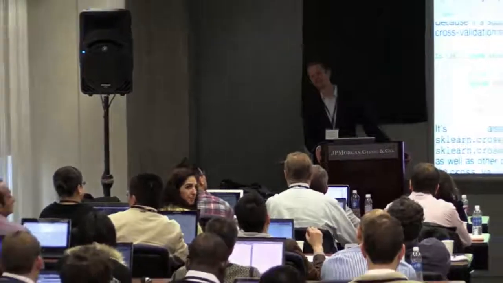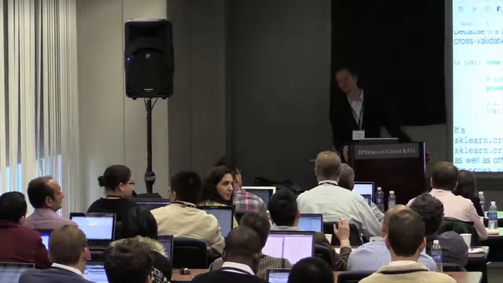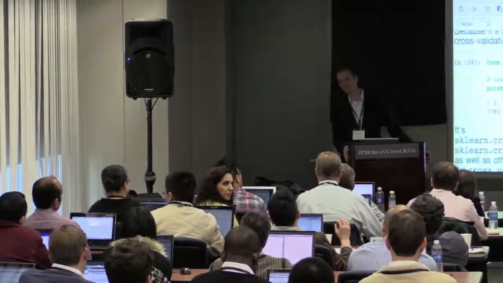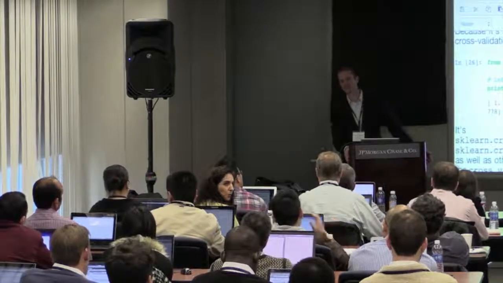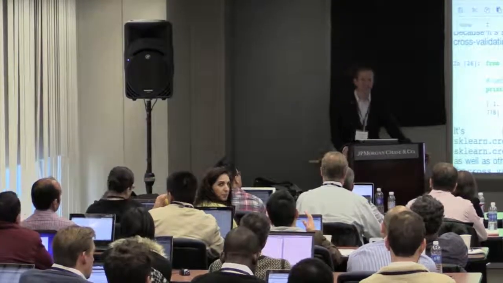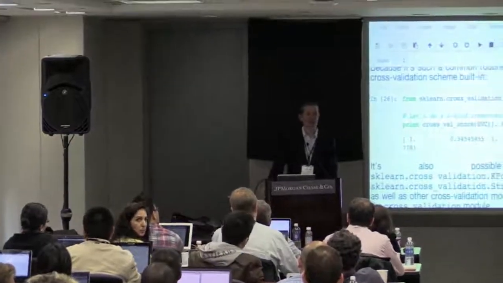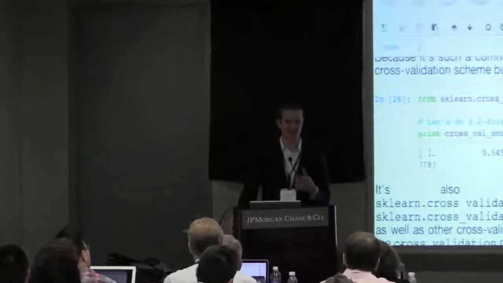Can you impose that the cross-validation, the validation set mirrors the sample of the training set? Oh yeah, his question was, can you impose that the validation set mirrors the sample? You mean in the number of pluses and minuses? Yeah.